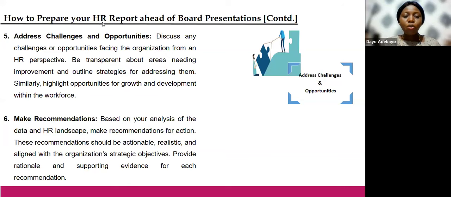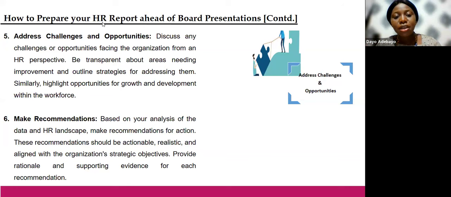So what have you noticed? Make your recommendations for action. These recommendations should be actionable. It should be a SMART recommendation: is it specific, measurable, time-bound, achievable? It has to align with the organization's strategic objectives.